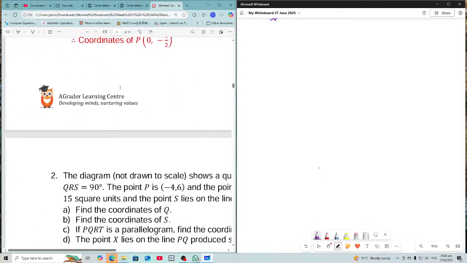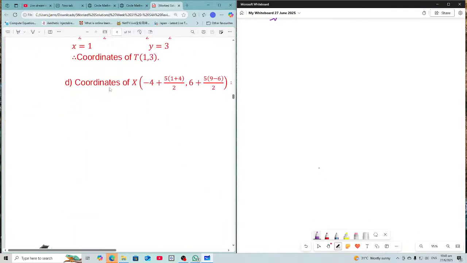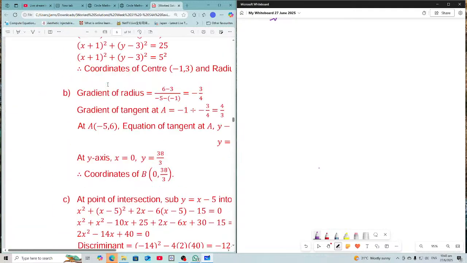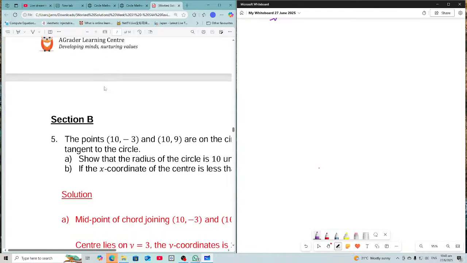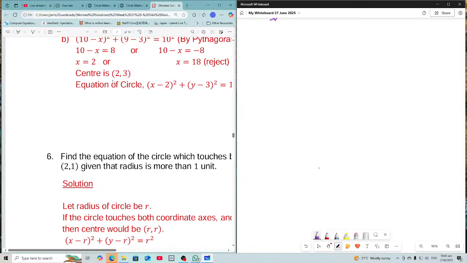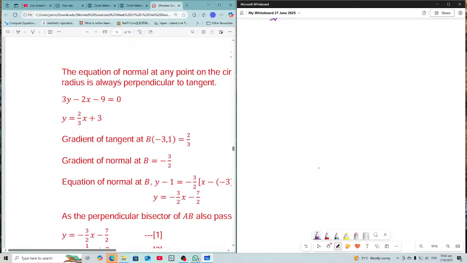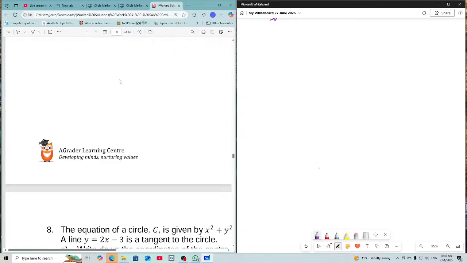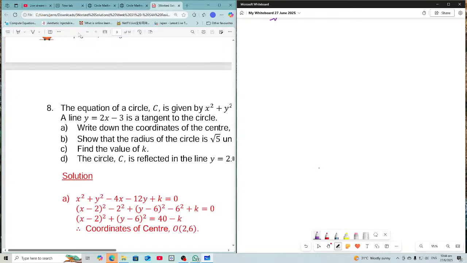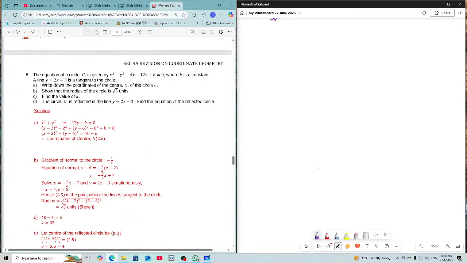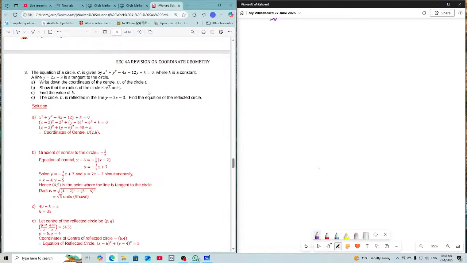We'll go to section B. Let me run through some of this, then you will probably understand. Let me go to one that has the formulas already there. We'll use number 8 as an example if you do not mind. Let's use number 8 for our example.